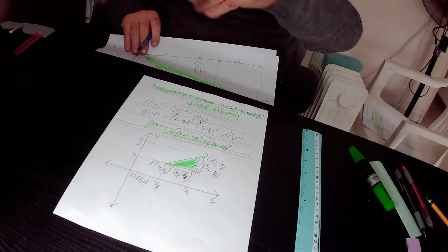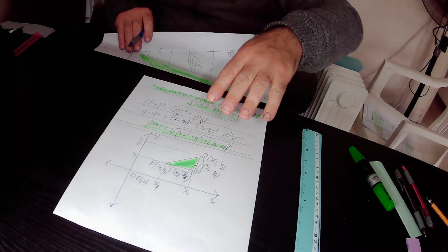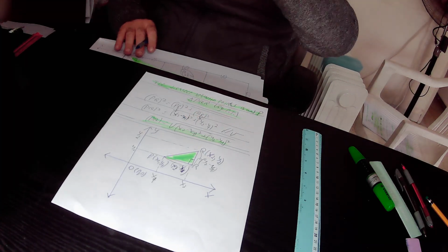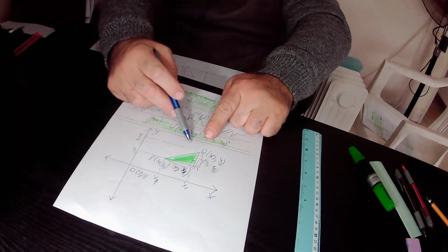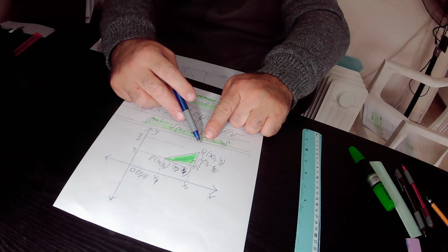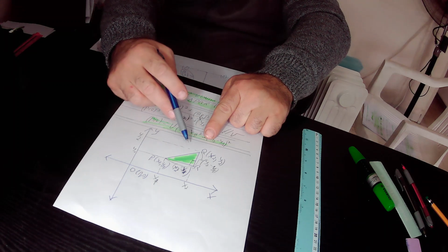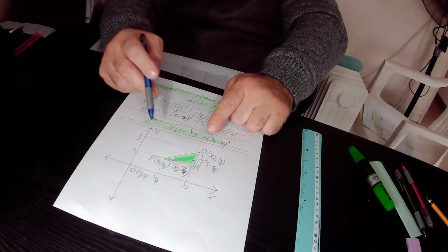In the drawing we have the right green triangle QPR. The distance between points Q and P is the length of the hypotenuse QP.